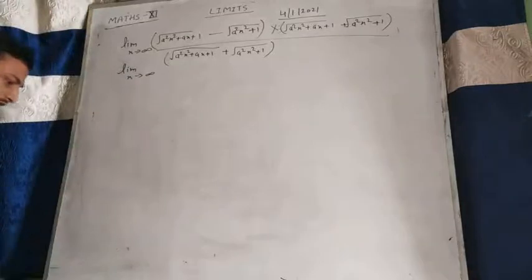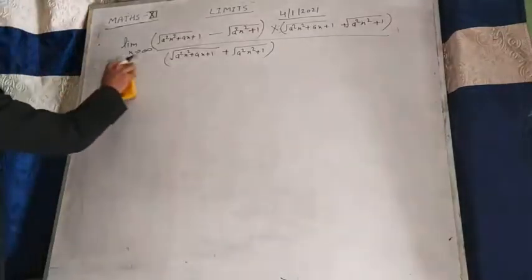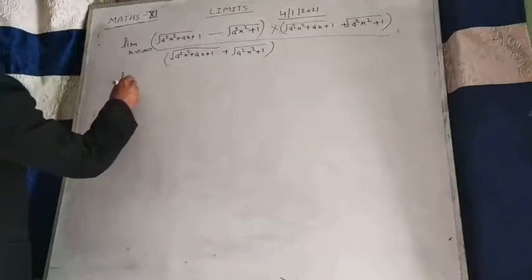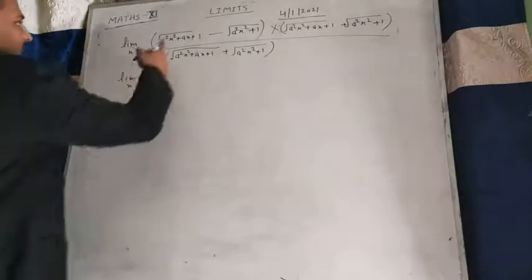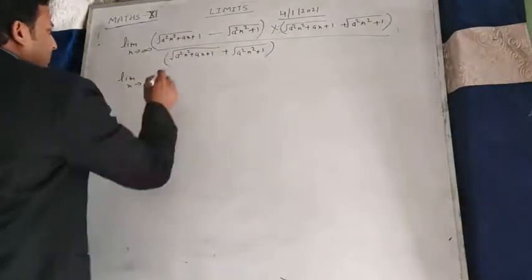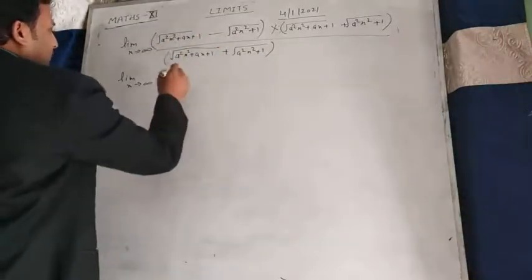Okay, students, now after simplification we write limit x tends to infinity, and this part will be, in the first bracket a minus b, in the second bracket a plus b, so we can write a squared minus b squared.